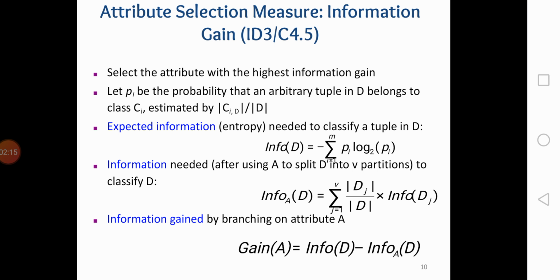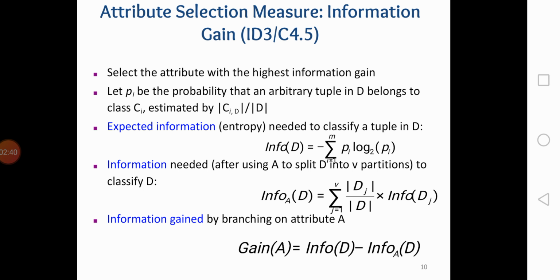Let Pi be the probability that an arbitrary tuple in D belongs to class Ci, estimated by |Ci,D| divided by |D|. The expected information needed to classify a tuple in D is given by the formula Info(D) = minus summation of i equals 1 to m of Pi log2 Pi.